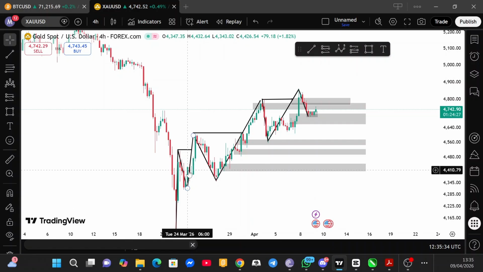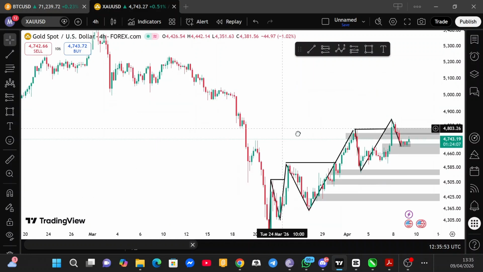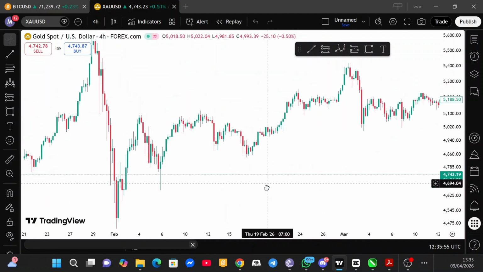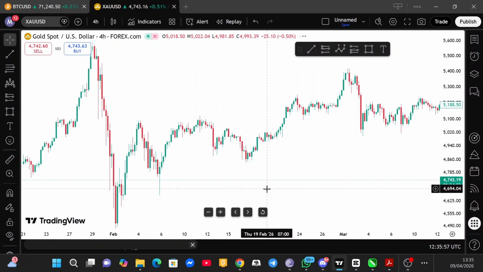Now you notice the confirmation is that the market cleared this previous high, created a new high, pulled to the downside and created another high. Now this is a clear sign that the market is about to shift from a bearish trend to a bullish trend. So you can see there are several examples in the market.